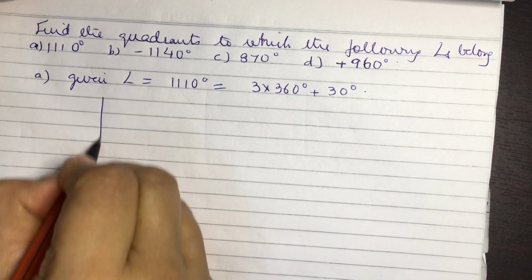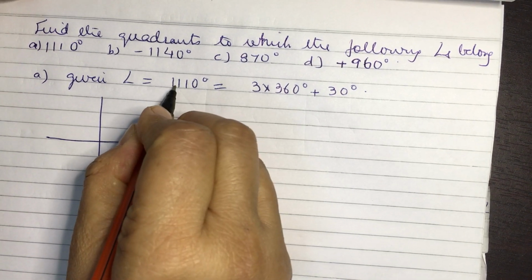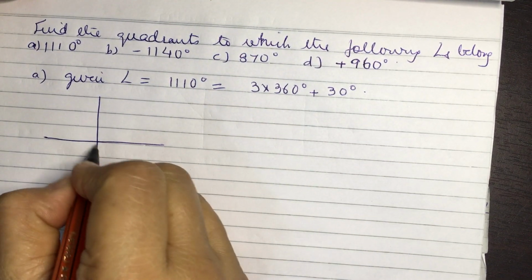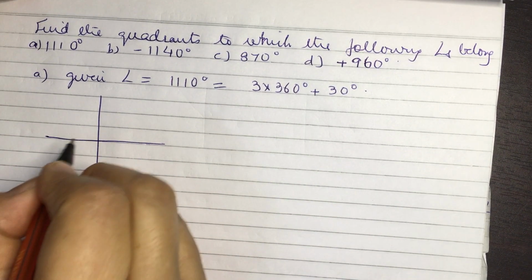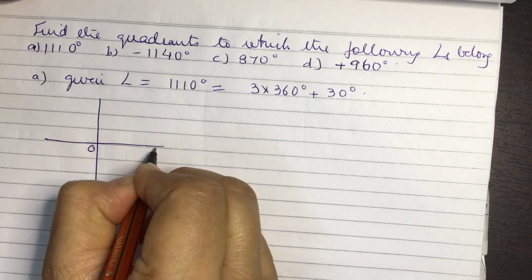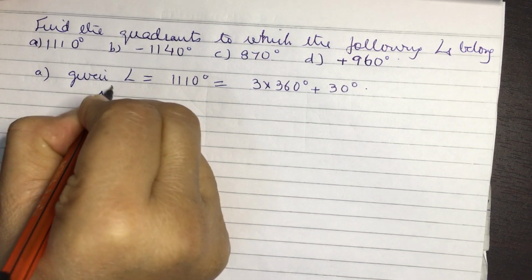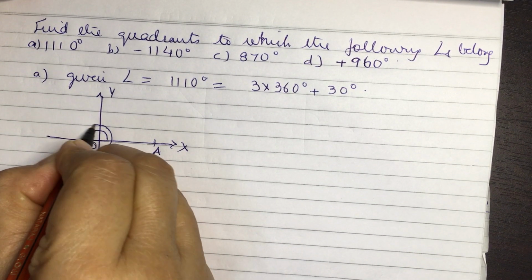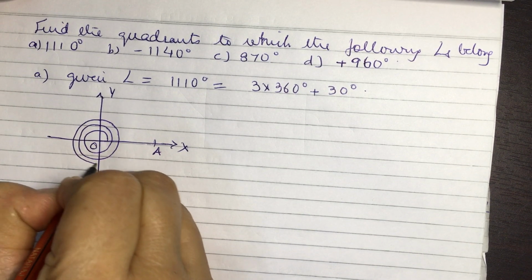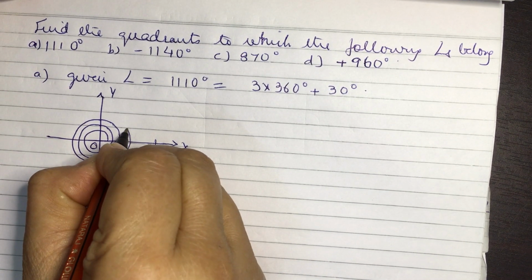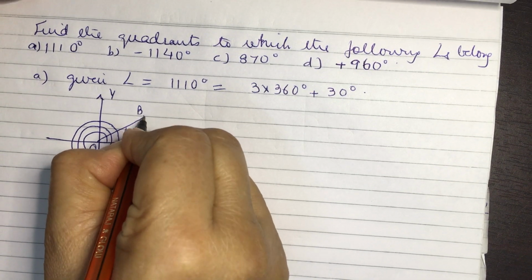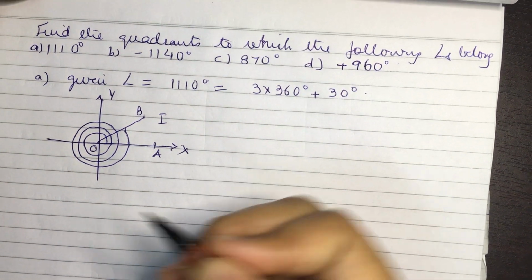Now again it's a positive angle, and so we have to execute the angle in the anti-clockwise direction. So call it, this is x, this is y, call it A, and start: 1 circle, 2 circles, 3 circles, and then we go beyond it for 30 degrees, and this is OB, this is in the first quadrant.